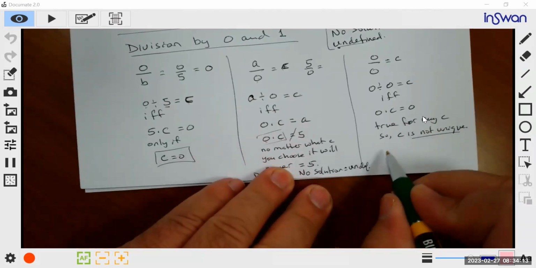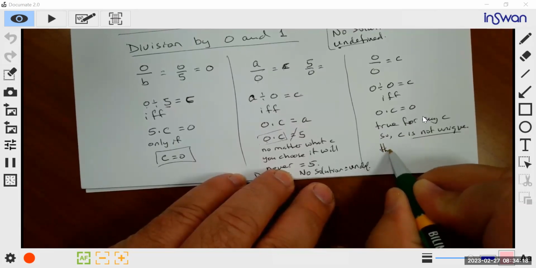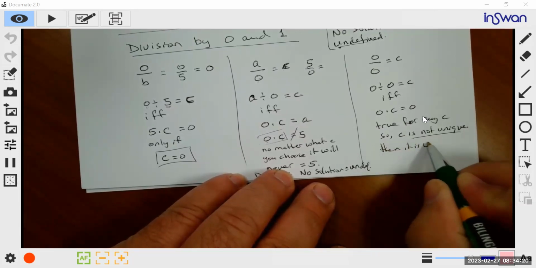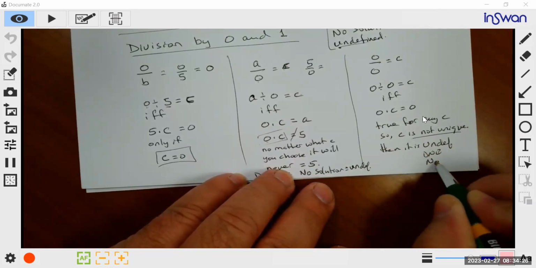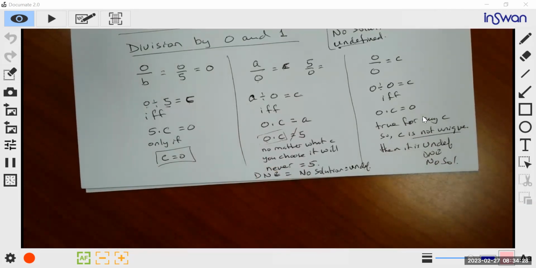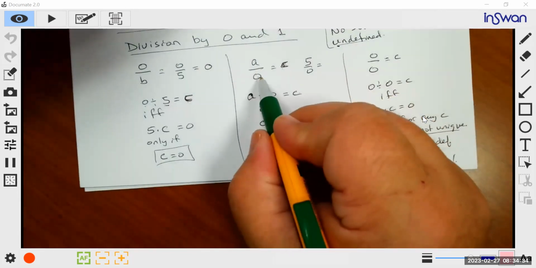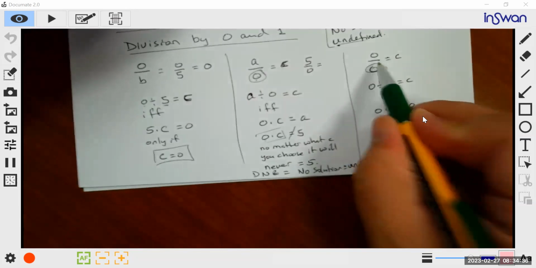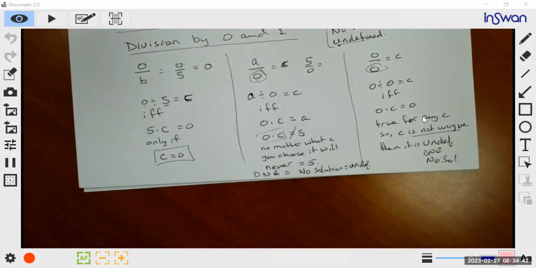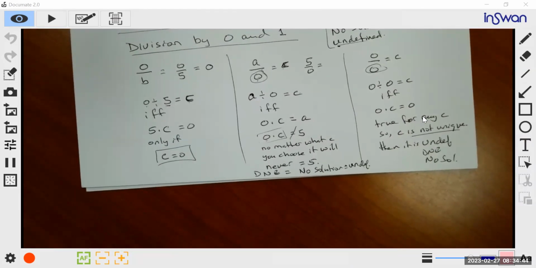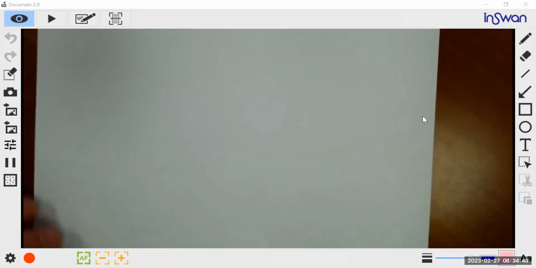Since C is not unique, it is undefined, DNE, no solution. If you ever have a 0 on the bottom, it's undefined. Bottom line, if 0 is on the bottom, it's undefined. If 0 is on top, it's 0.